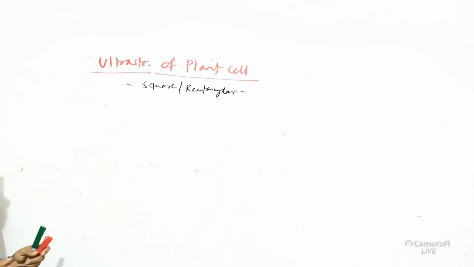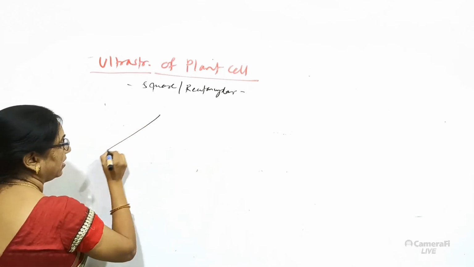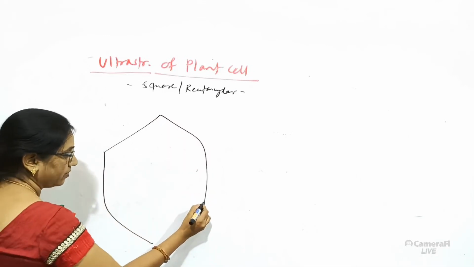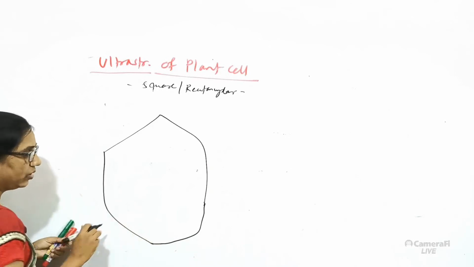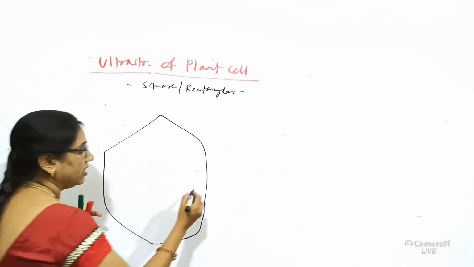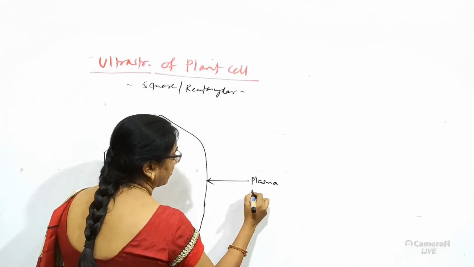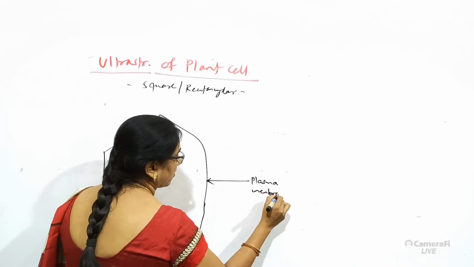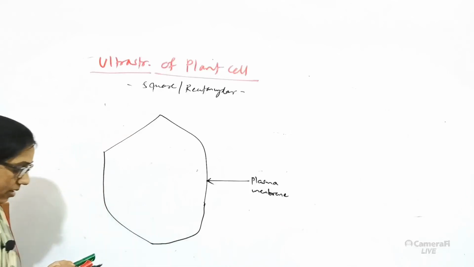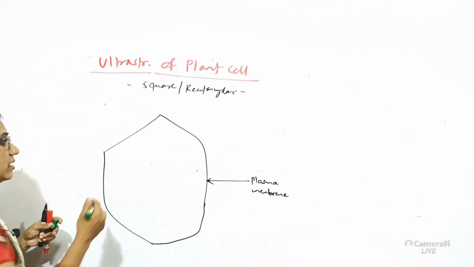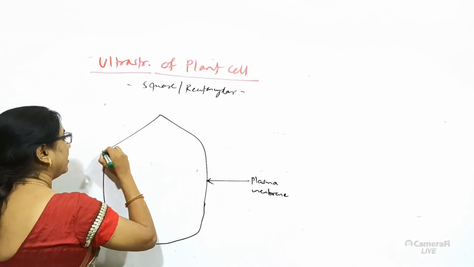I am going to draw the structure of the plant cell. So, this is the layer. This one is nothing but the plasma membrane. Above the plasma membrane, it shows the presence of one more layer.